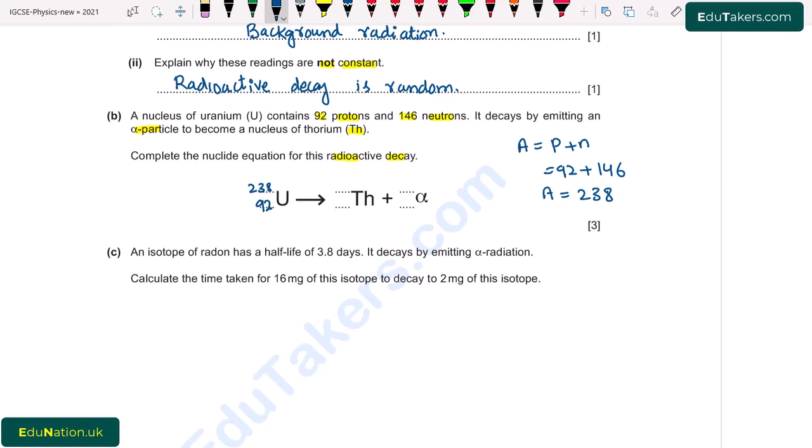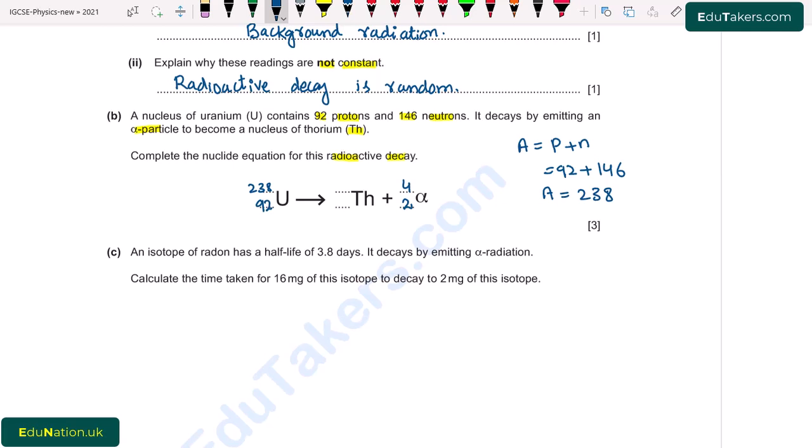On the right hand side we can see that there are two symbols, Th and alpha. We know that alpha particles are helium nuclei, and the atomic number is 2 while the mass number is 4. So I write here atomic number is 2 and mass number is 4, and we have to write the atomic number and mass number of thorium. For that we use the law of conservation of charge. It means that the number of protons and the number of nucleons on both sides must be the same.